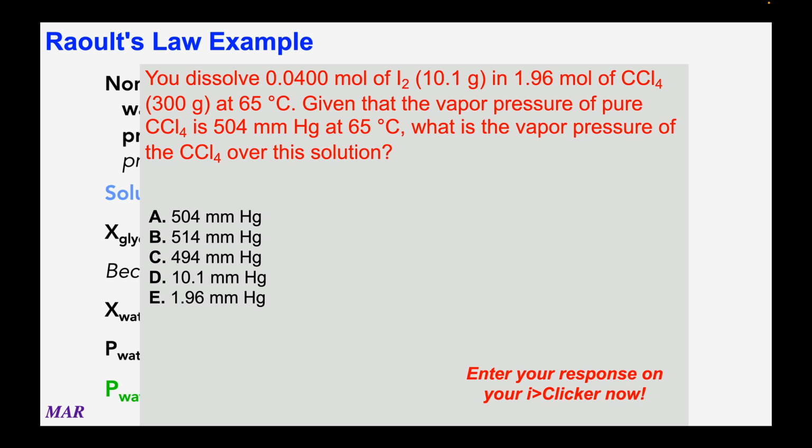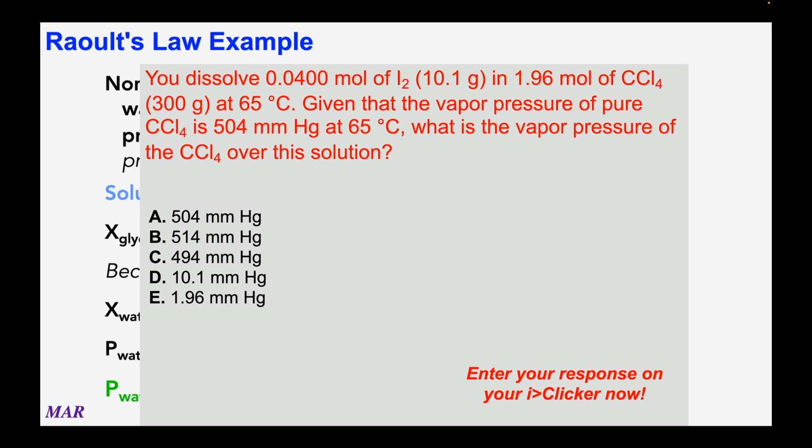And what we're doing here is putting a solute, iodine, in the carbon tetrachloride. So iodine is the solute, carbon tetrachloride is the solvent, and we have an iodine in carbon tetrachloride solution. What we're looking for is the vapor pressure of the solvent, carbon tetrachloride, over the solution.